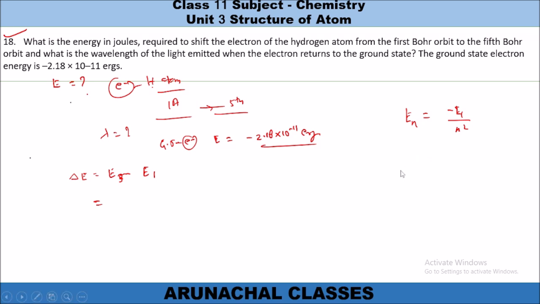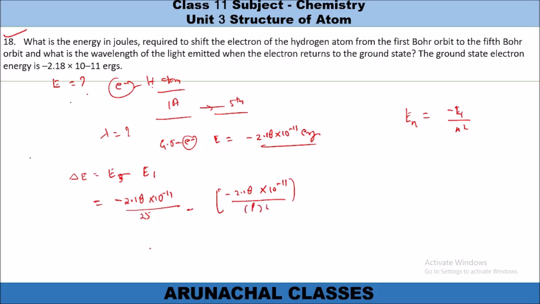The energy in the first orbit, the ground state, is given. So it will be minus 2.18 multiplied with 10 power minus 11 divided by 5 square, minus minus 2.18 multiplied with 10 power minus 11 divided by 1 square, that is 1.